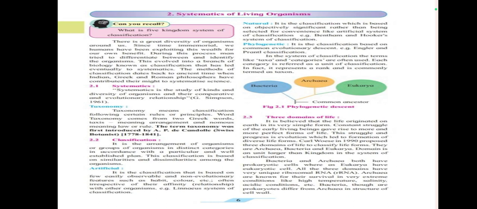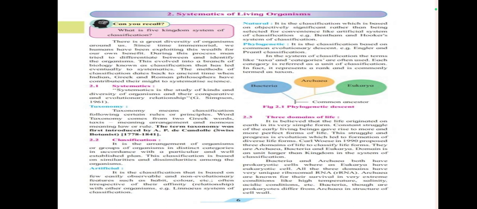Example, the linear system of classification. Natural: it is the classification which is based on objectivity, significant characters rather than being selected for convenience like the artificial system of classification. Example, Bentham and Hooker's system of classification.